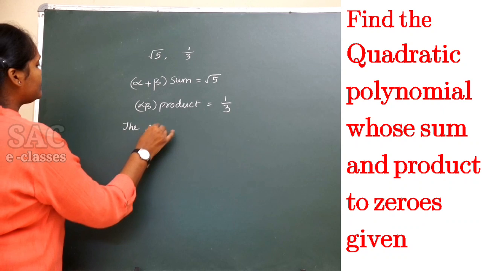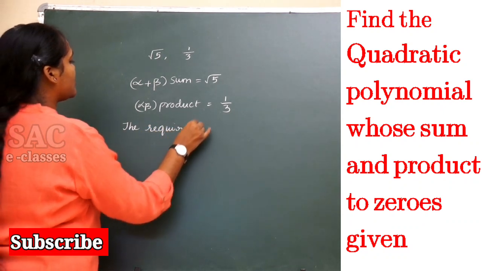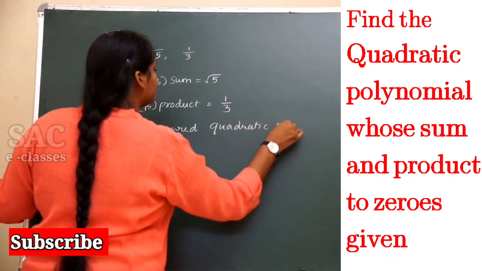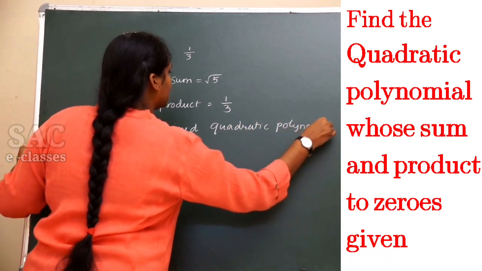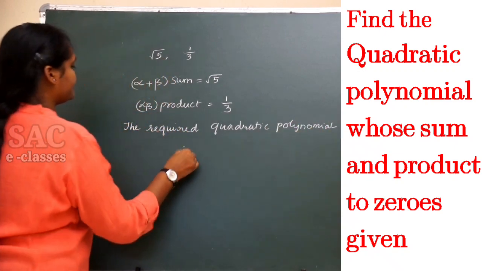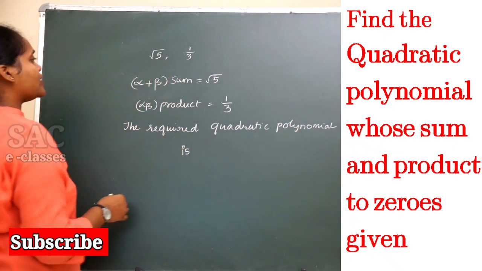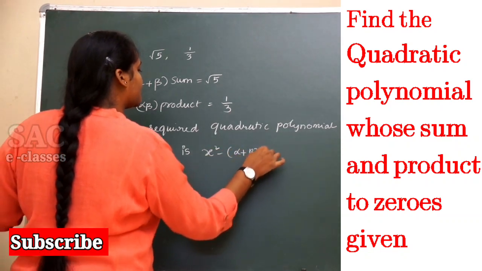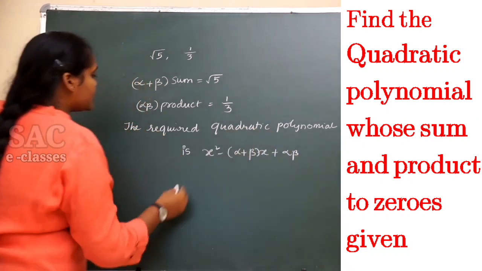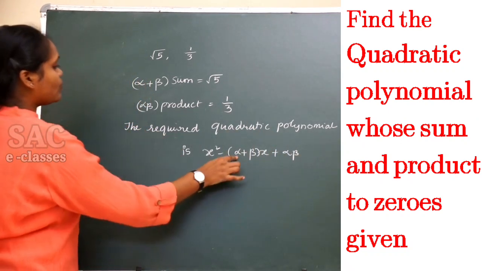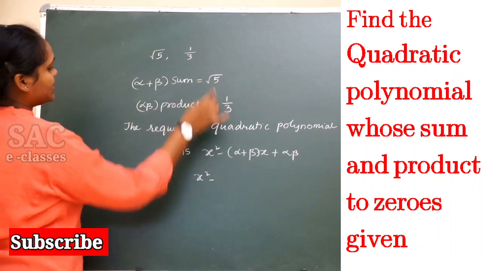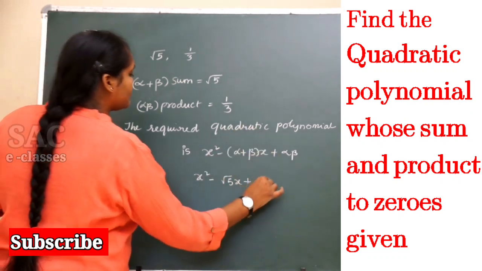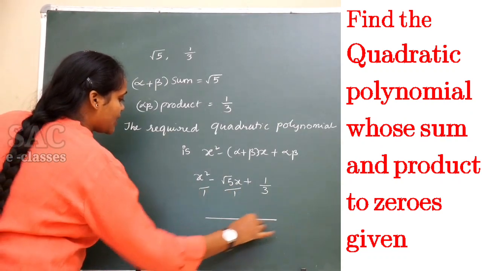What you require now is the quadratic polynomial. The required quadratic polynomial is x square minus (alpha plus beta) into x plus alpha beta. So x square minus what you can take as alpha plus beta, they have given root 5, x plus alpha beta is 1 by 3. Now observe the denominator.